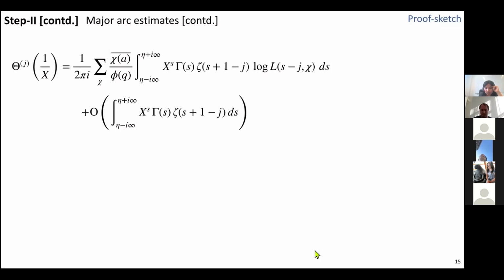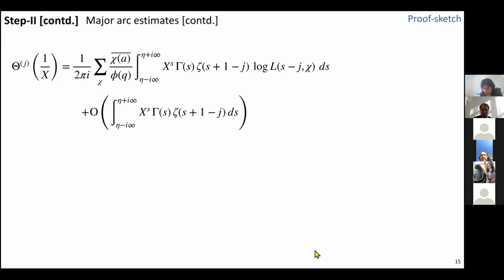You are also using the orthogonality of characters over here to put this condition of p congruent to a mod q. Here there is no a mod q that you see, but I have put that condition by summing this over the characters. So this is using the orthogonality.